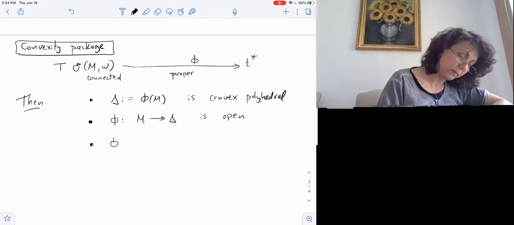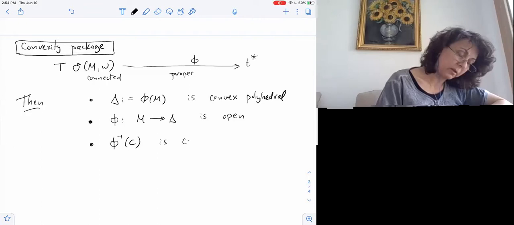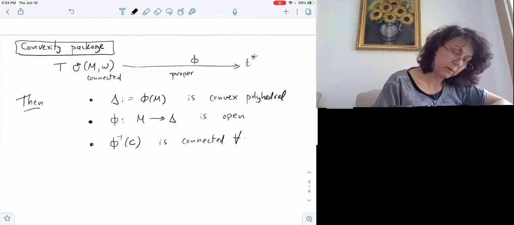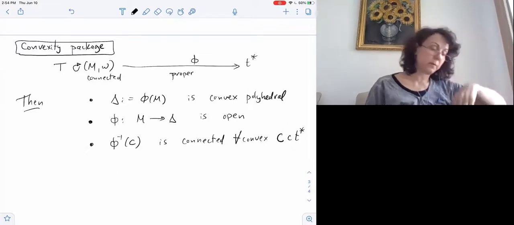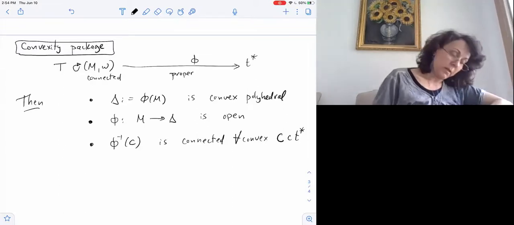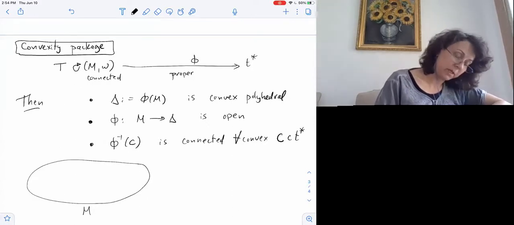And the level sets are connected. Moreover, for every convex subset of T star, its preimage is connected. So it's a little bit stronger. So for example, to visualize the openness of the map, here is the manifold, and here is the momentum polytope.